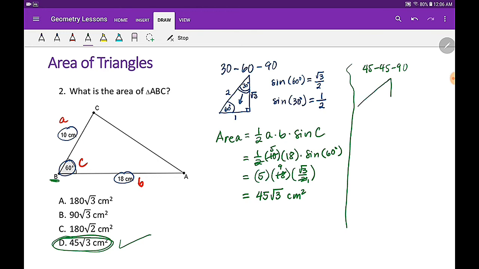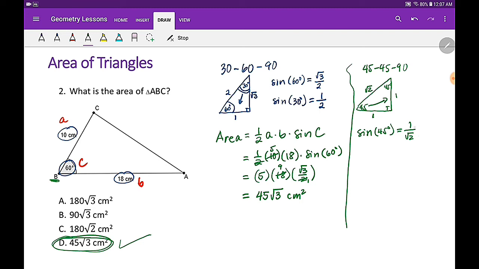If we have a 45-45-90 triangle, that's 45 degrees, that's 45 degrees, the ratio is 1, 1, square root of 2. So sine 45 degrees is opposite over the hypotenuse, which is 1 over the square root of 2.